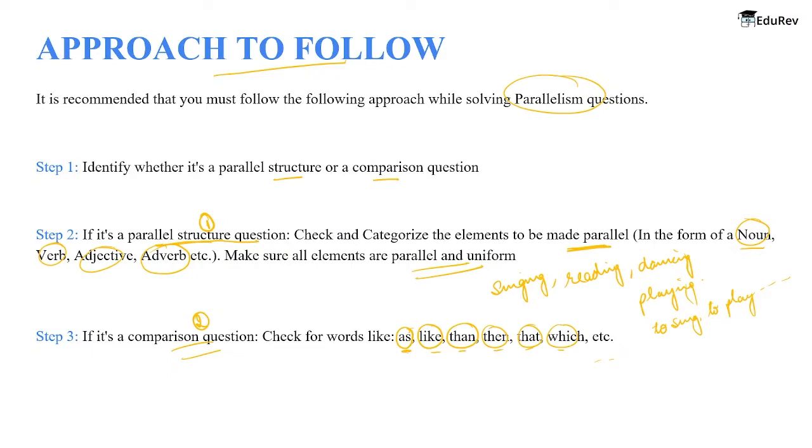If you find words like these, it means it is a comparison question. Then you can easily find the errors and make it a correct statement. I hope this is clear to you all.